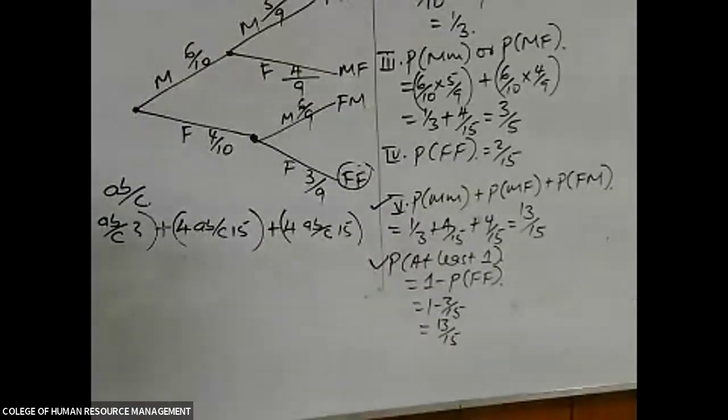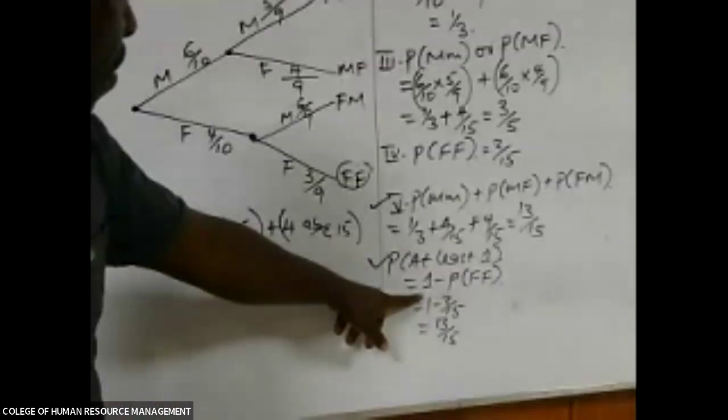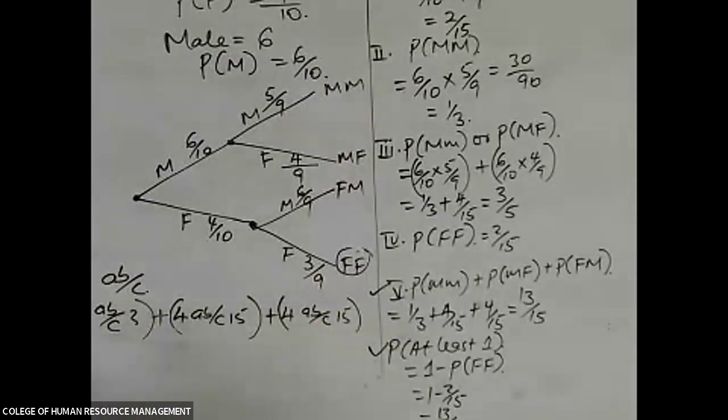It will give you the probability of at least 1 male. If you are told probability of at least one female, you can do 1 minus the probability of both males. So that is how the question was supposed to be handled.